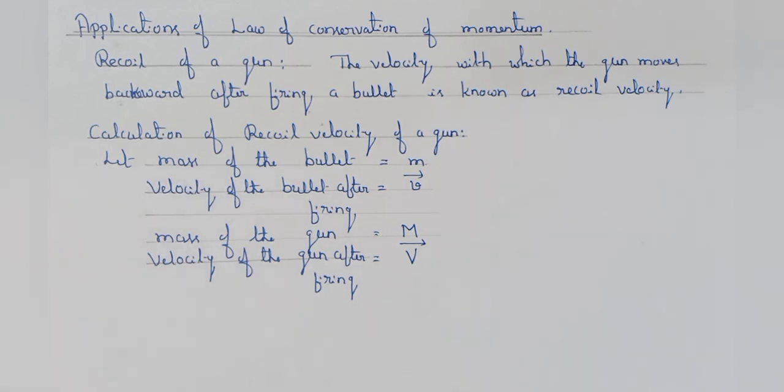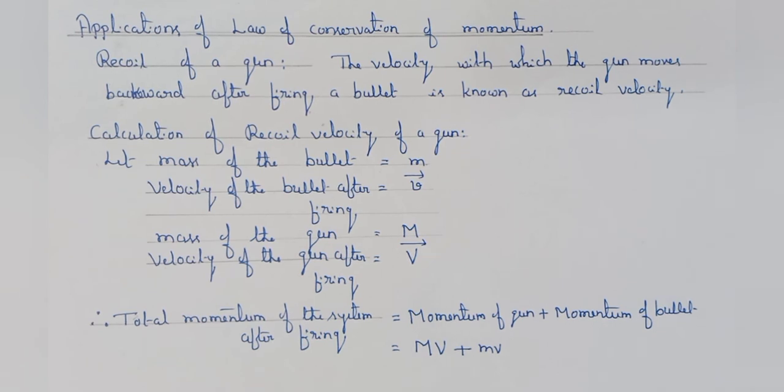It is equal to the momentum of the gun plus momentum of the bullet. Momentum of the gun is capital MV and momentum of the bullet is small mv.